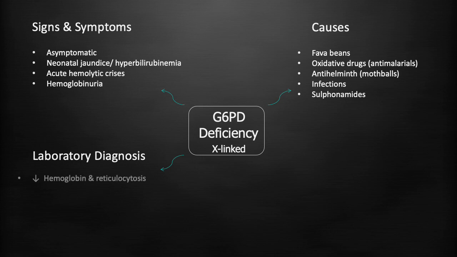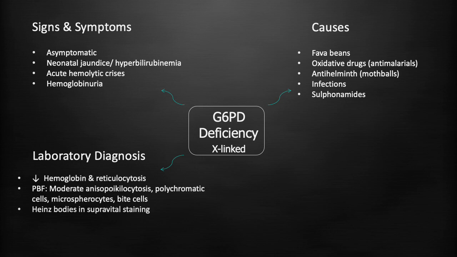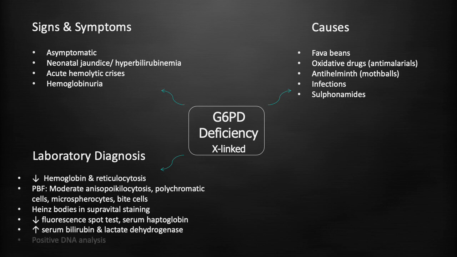In laboratory diagnosis for a crisis, there will be a reduction in the hemoglobin level and there will be reticulocytosis. The peripheral blood smear will indicate a moderate anisopoikilocytosis, polychromatic cells, or Heinz bodies in the supravital staining. There will be a decrease in the fluorescence spot test and serum haptoglobin, and an increase in serum bilirubin and lactate dehydrogenase, and positive DNA analysis.